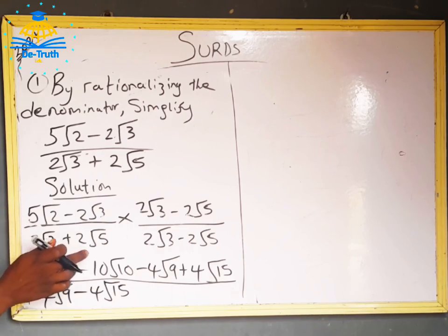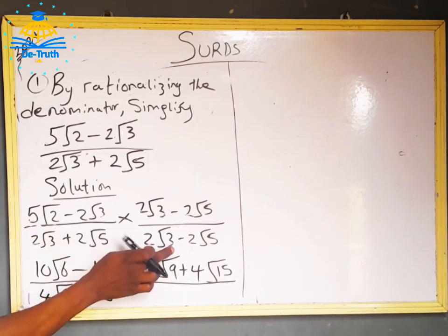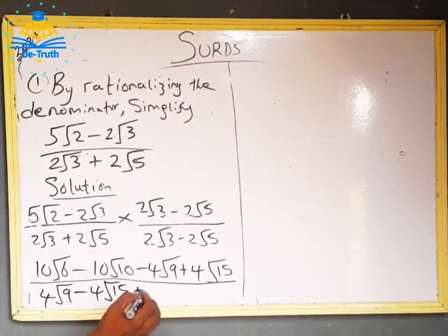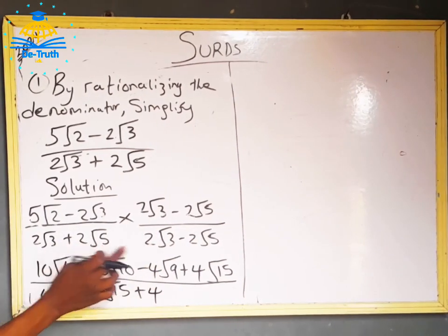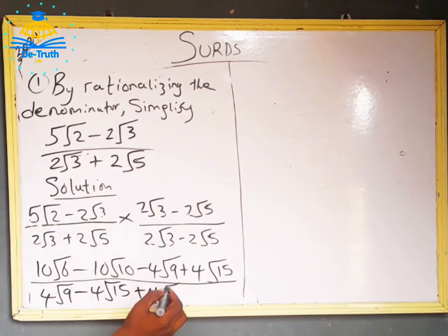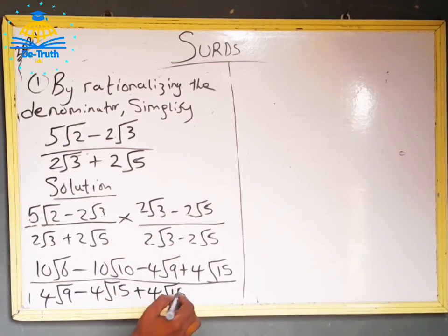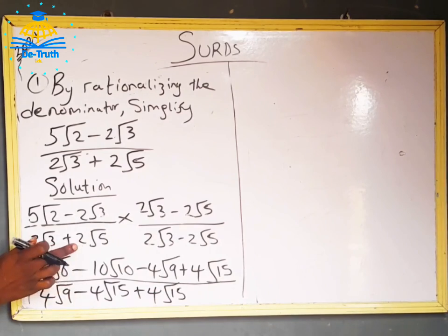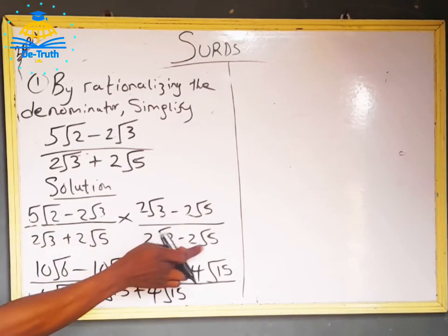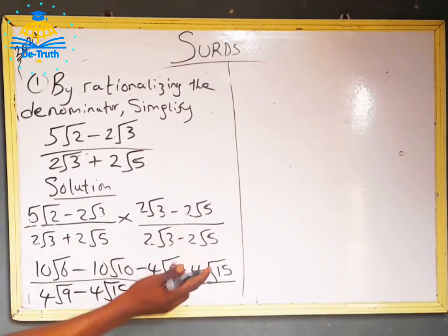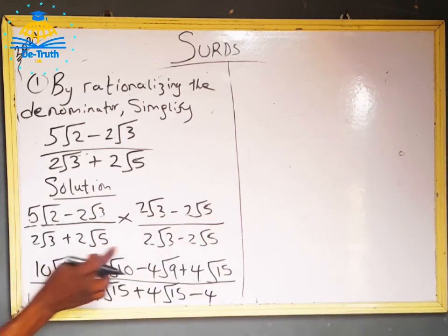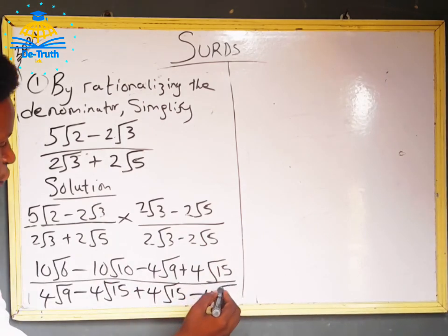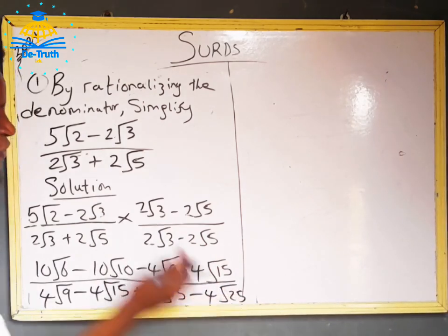Then plus 2 root 5 times 2 root 3, that's plus 4, then root 5 times root 3, that is root 15. Then plus 2 root 5 times minus 2 root 5, plus times minus is minus, 2 times 2 is 4, then root 5 times root 5 gives us root 25. So let's continue.